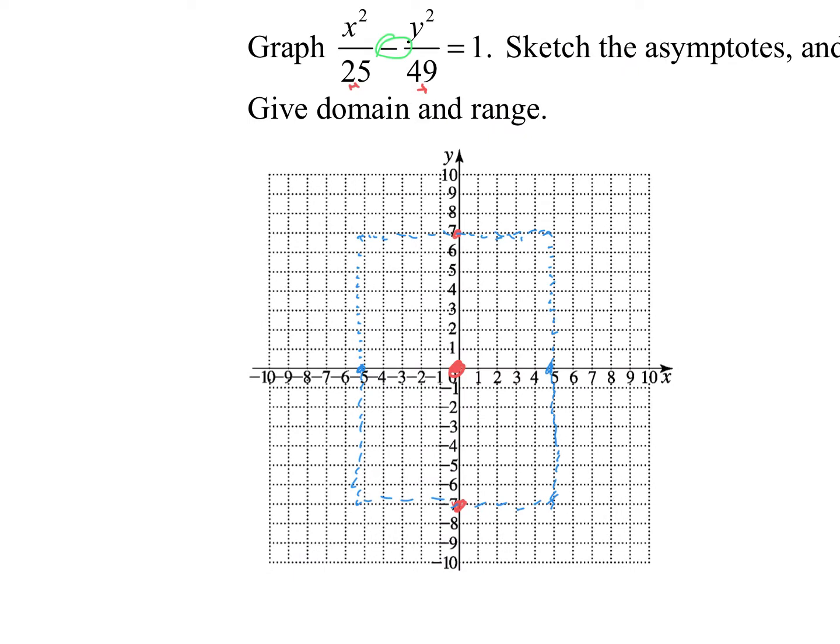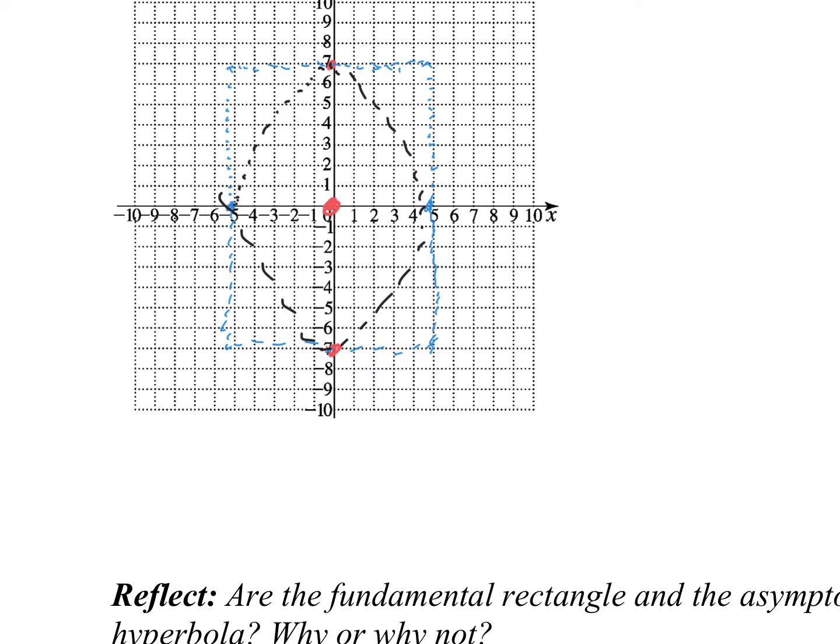And then my ellipse is going to be inside, and I'm just going to make it a light picture because the ellipse doesn't really exist. There's my ellipse, and the ellipse fits in the box. And then I say the asymptote of the hyperbola goes from the center to the corner of the rectangular box.